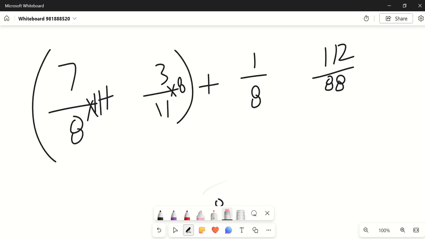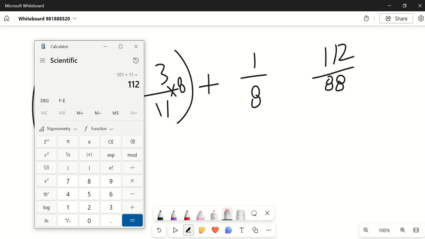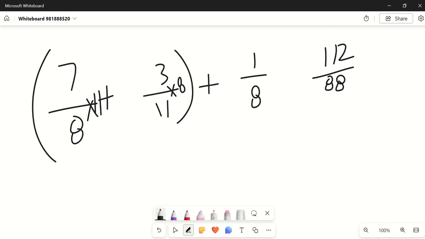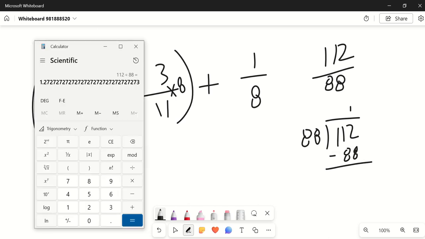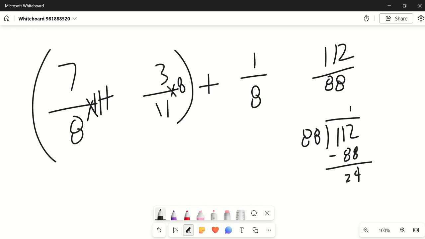Simplify that. 112 divided by 88, 88 goes in 1 time. Subtract. 112 minus 88 would be 24. 1 and 24/88.